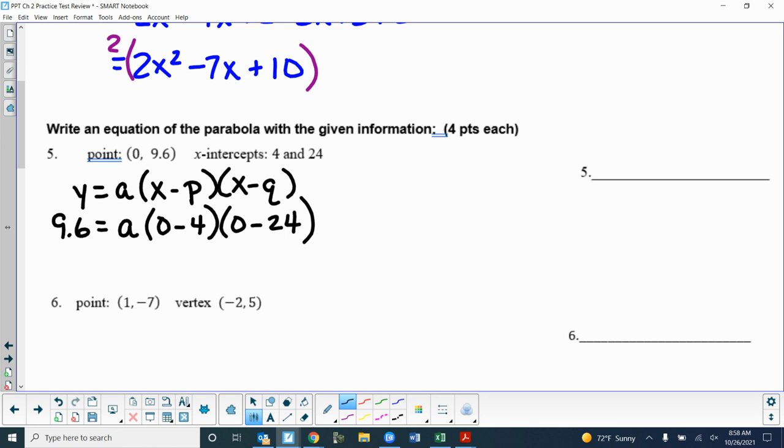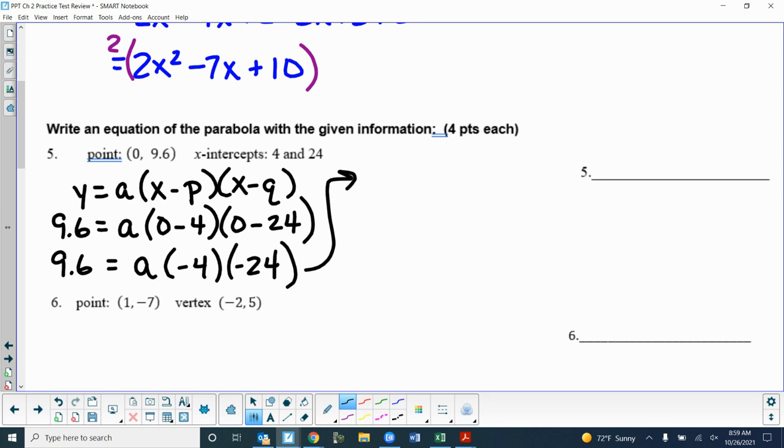What's 0 minus 4? -4. And 0 minus 24? -24. Well, -4 times -24 is a positive 96. So this is 9.6 equals 96 times a.